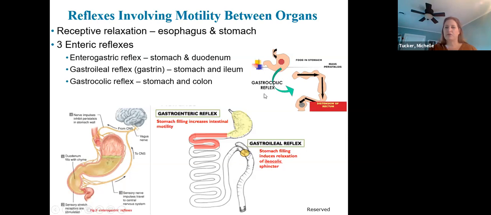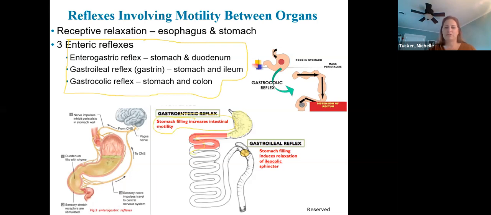The gastrocolic, so sometimes the large intestine is called the colon. It is going to increase the movement along the colon. So be able to match, know the concept of receptive relaxation, and then be able to match each of these three reflexes with its function. So the enterogastric reflex is going to increase motility.